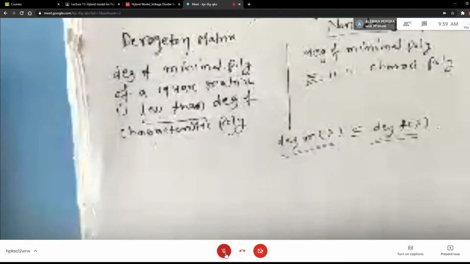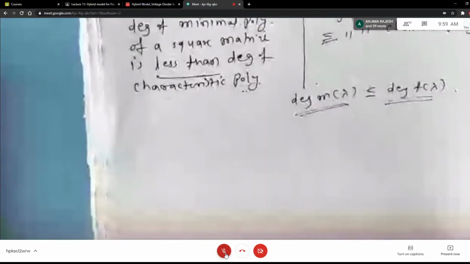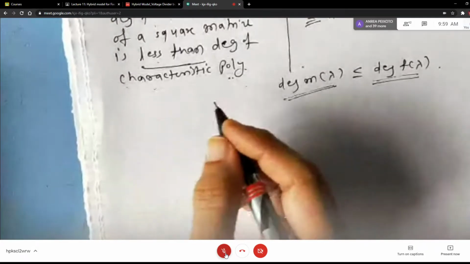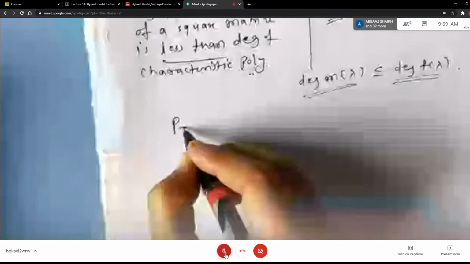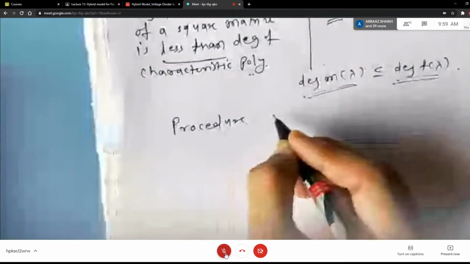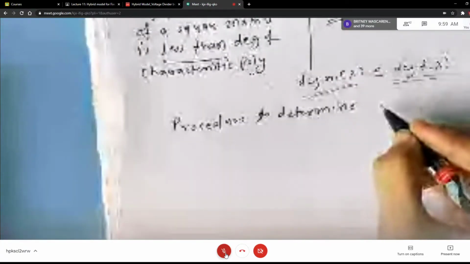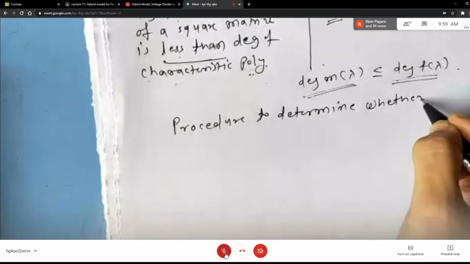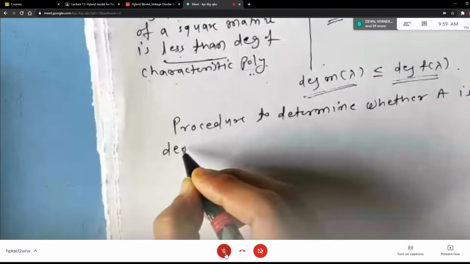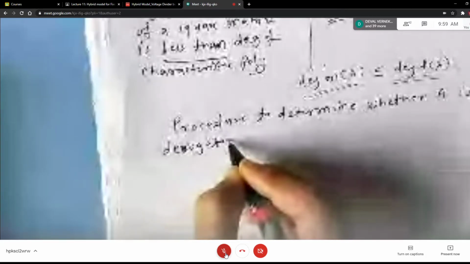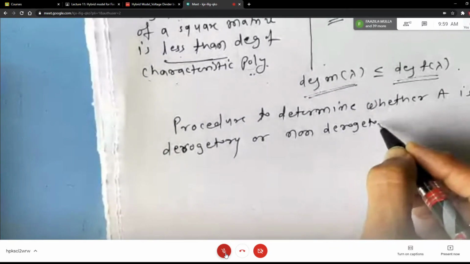Now, I'll give you the procedure to find whether the matrix is derogatory or non-derogatory. Okay, so just write down this. I'll dictate the procedure to determine whether matrix A is derogatory or non-derogatory.